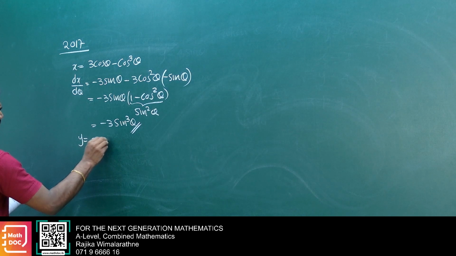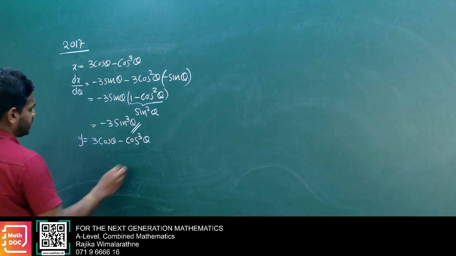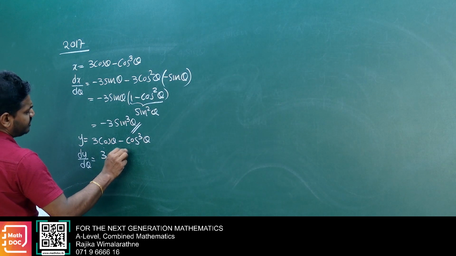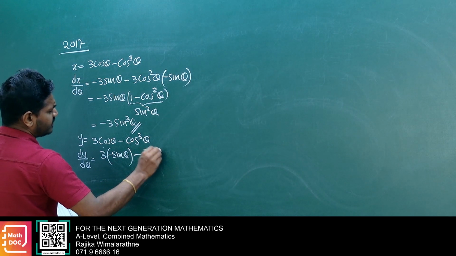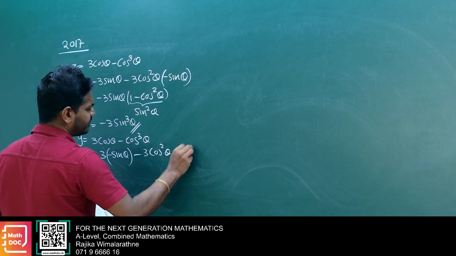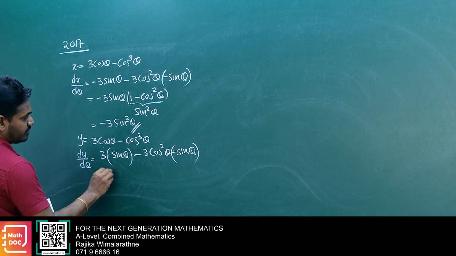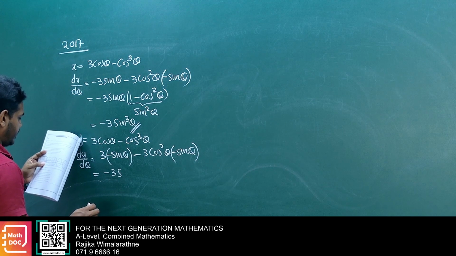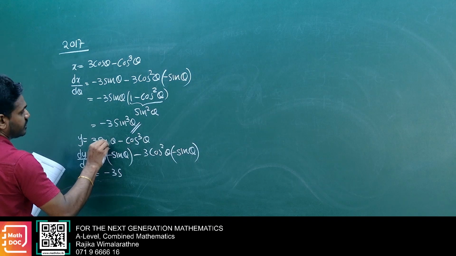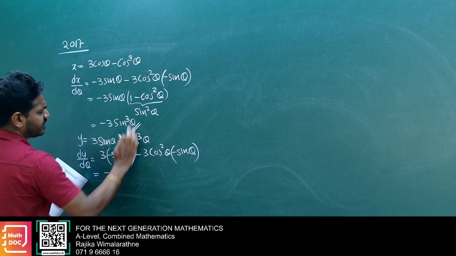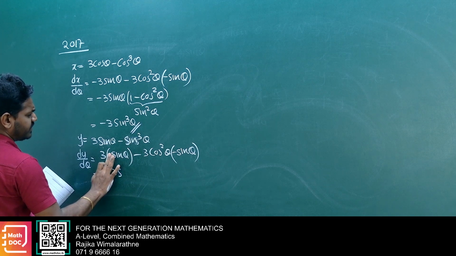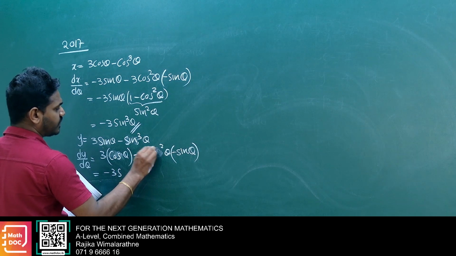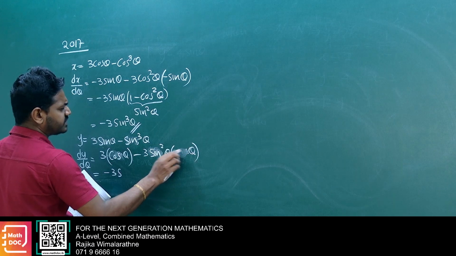y equals 3 sin theta minus sin cube theta. Then dy/d theta: the derivative of 3 sin theta is 3 cos theta, and the derivative of sin cube is 3 sin squared times cos.